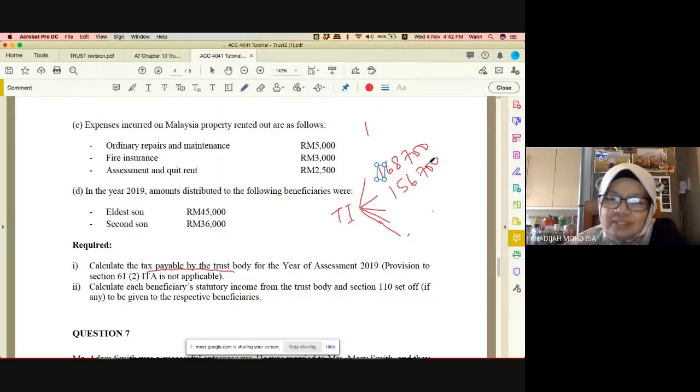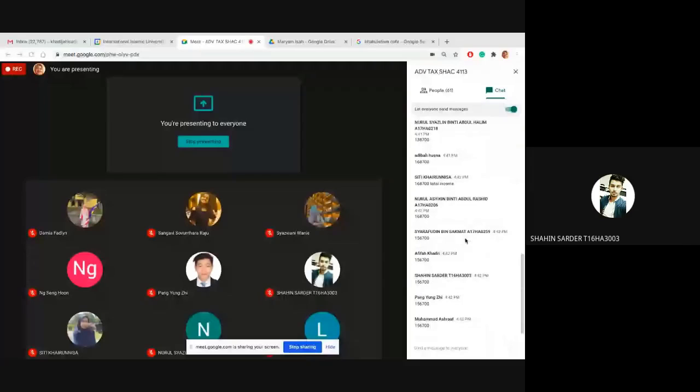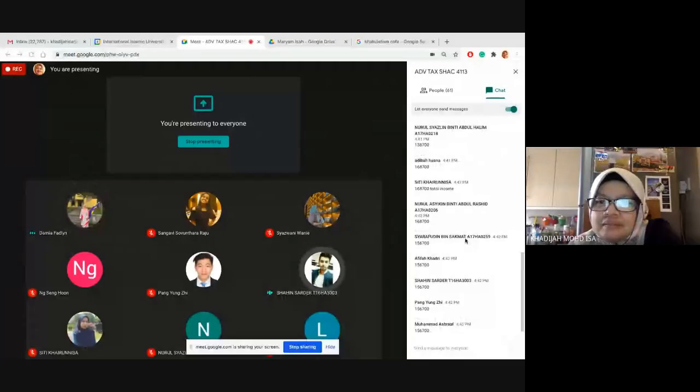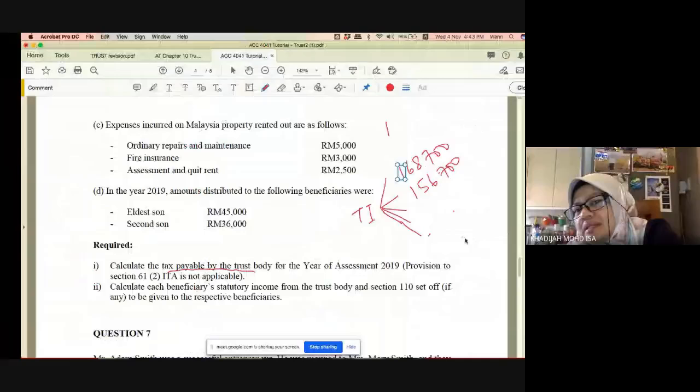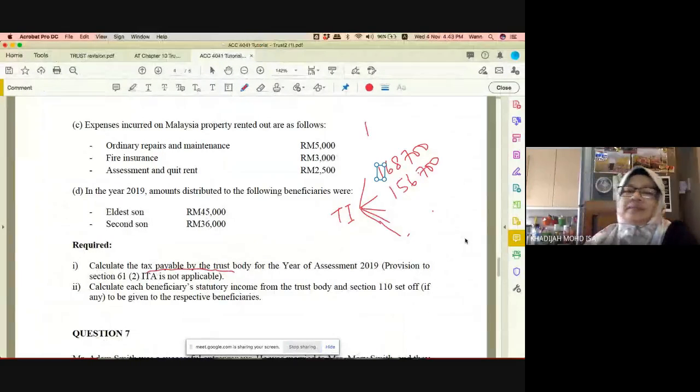Okay, ada 12,000 different tu. Mesti dekat annuity. Lagi? Tak ada dah? Tu je doktor. 168,700. The difference here is 12,000 tu, the annuity.